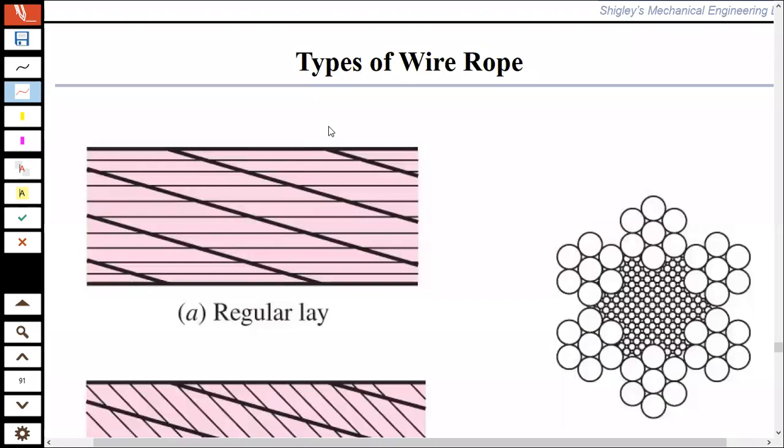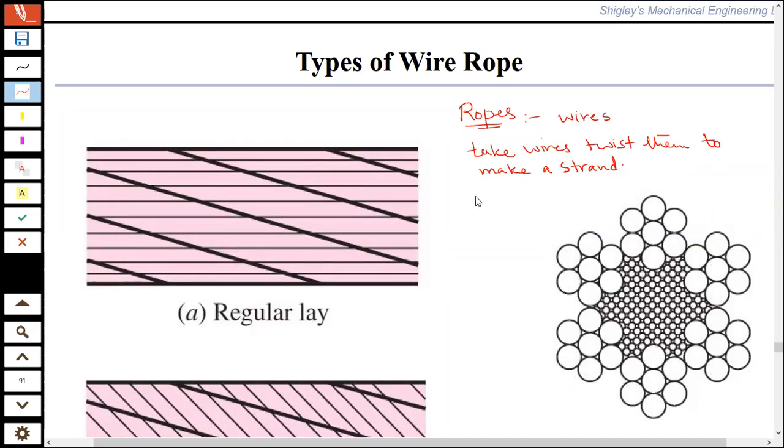Now, if you look at ropes, ropes are basically made of wires. We take wires and twist them together to make a strand.